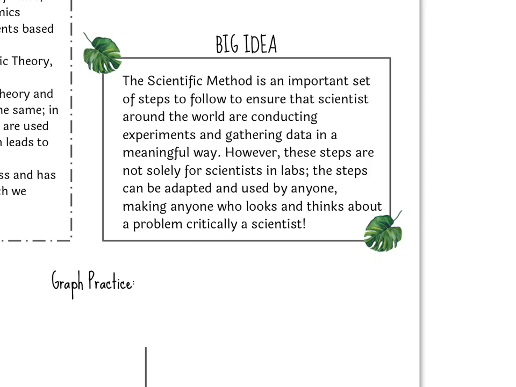So the big idea, the things that I want you to get out of this set of notes, is that the scientific method is an important set of steps to follow to ensure that scientists around the world are conducting experiments and gathering data in a meaningful way.